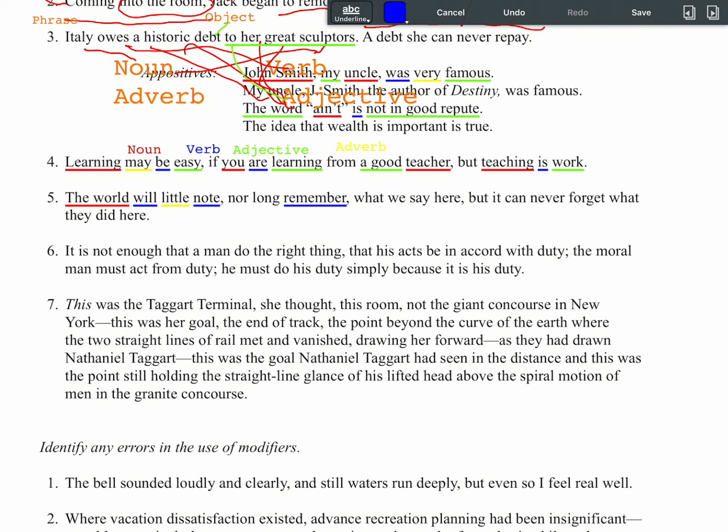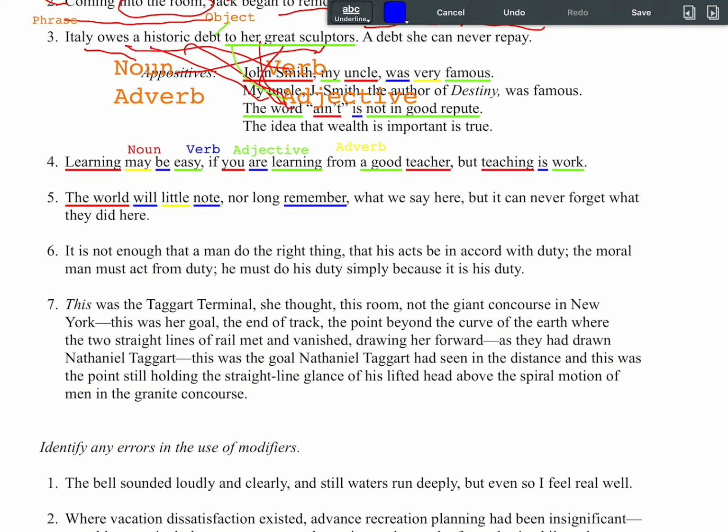Long is an adverb, it modifies remember. And nor is a conjunction, a grammar word that helps with phrases in some way. Not going to worry about it too much. But it's organizing the structure of the sentence itself, rather than being one of the words that's directly about what I'm saying.